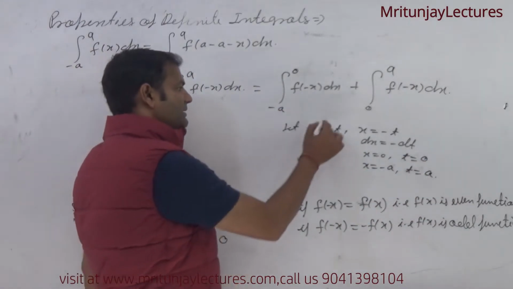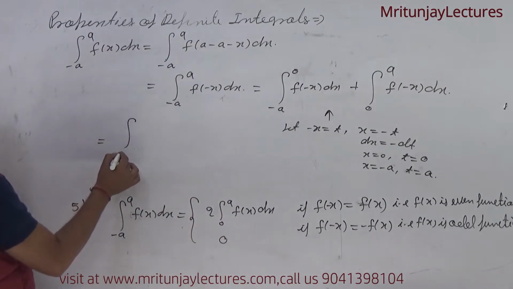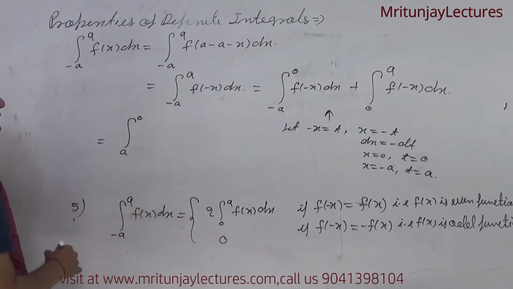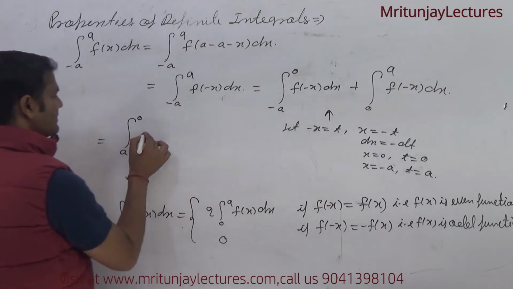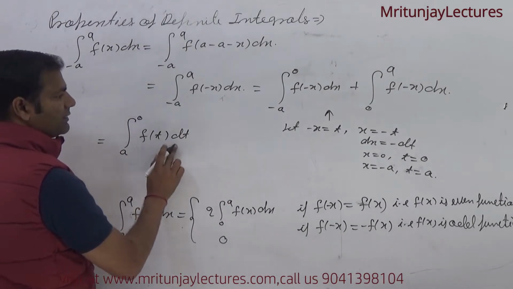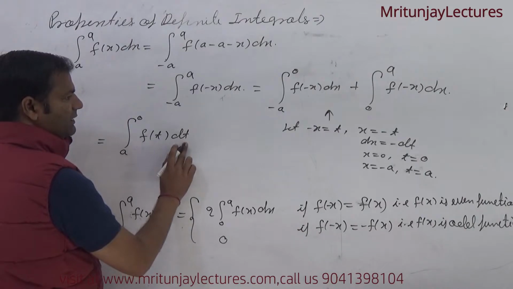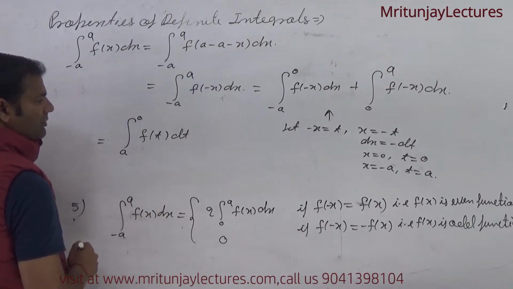Okay, apply this substitution here. Then we get the limits a to 0, and dx is replaced by minus dt, so this is written as f of t dt, from a to 0.